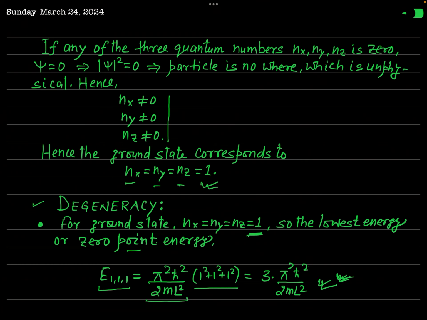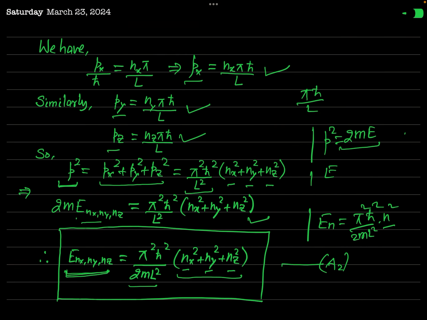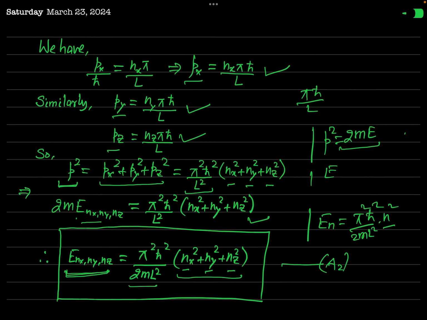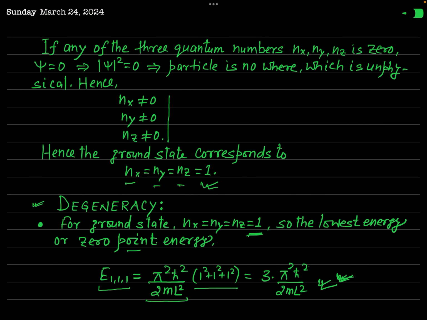Now, in fact, we will talk about degeneracy, and in this regard, we have calculated the value of the zero point energy or the lowest energy. Now, let us see this expression for the eigenfunction. In the ground state, what will be the value of this eigenfunction? So, if your aim is to find the ground state eigenfunction, then you can put nx, ny and nz equal to 1.